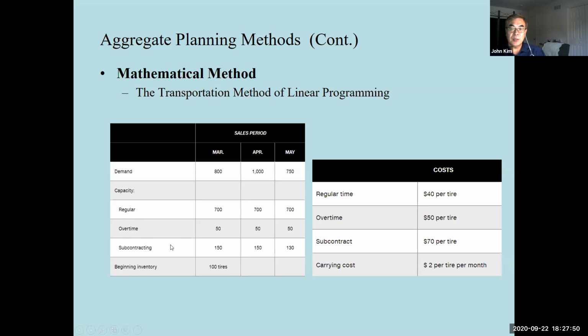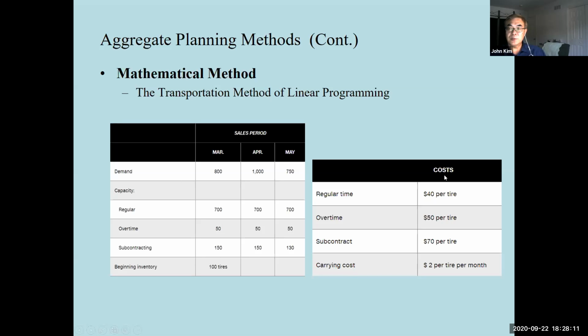And then they can use subcontracting capacity. So 150 additional, like outsourcing. And then beginning inventory is 100 carryover from February, 100 on hand.